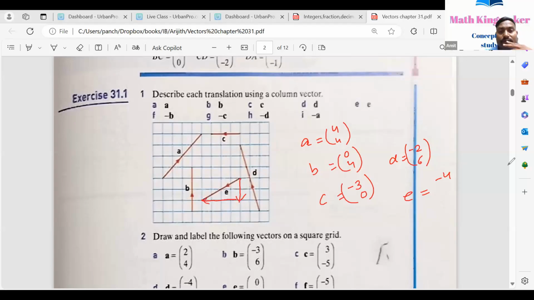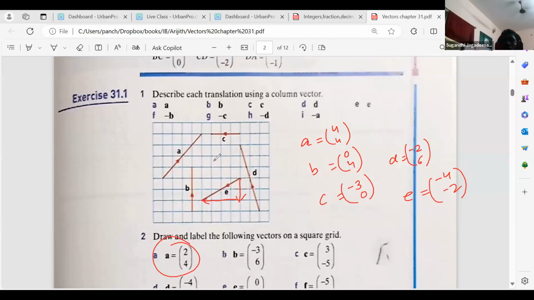It is going left. Both are minus. Okay, now you can represent this (-4, -2) here on this graph. Just represent it.